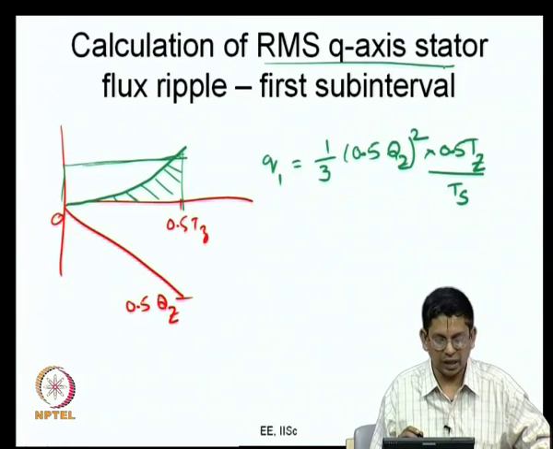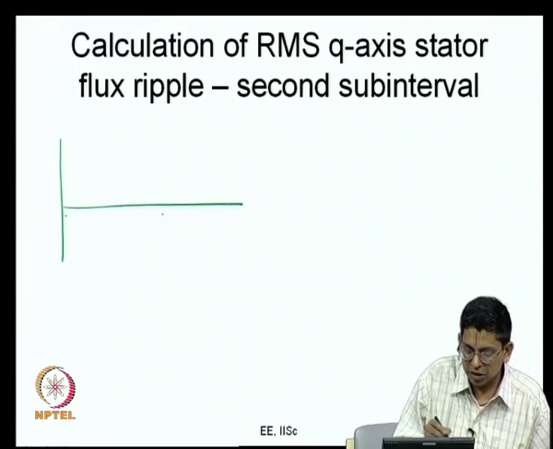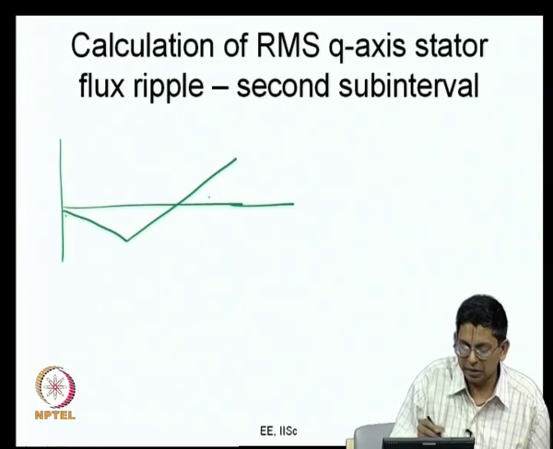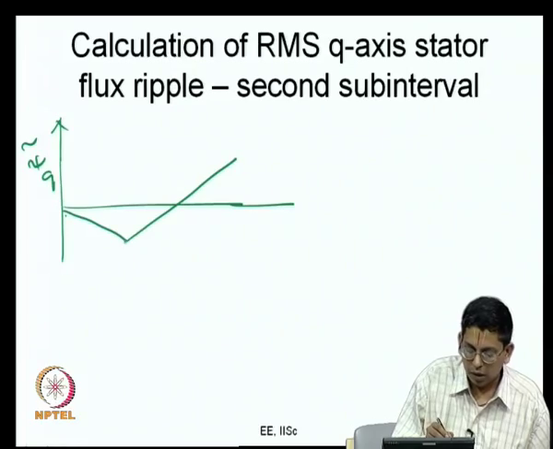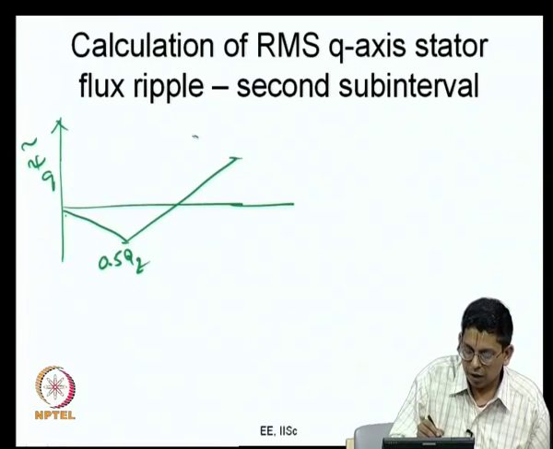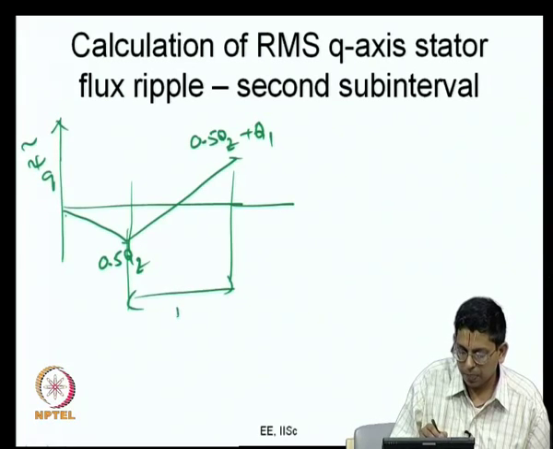If I consider the second one, how is the second subinterval? In the second subinterval it increases like this. You just recollect the psi q tilde graph that I had drawn before. This is 0.5 Qz and this is 0.5 Qz plus Q1, and the time interval is T1.